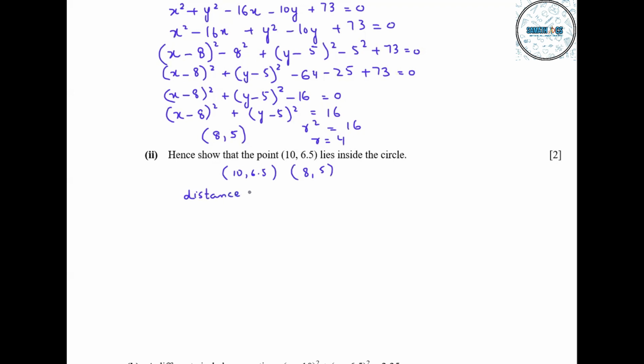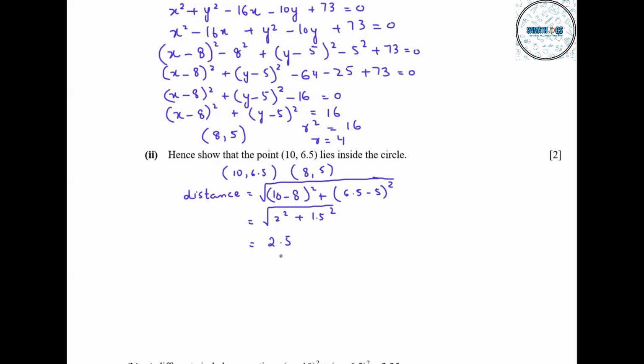Distance is equal to under root 10 minus 8 whole square, the difference between these two, plus 6.5 minus 5 whole square. So this is 2 square plus 1.5 square. So finally, the answer would be 2.5.